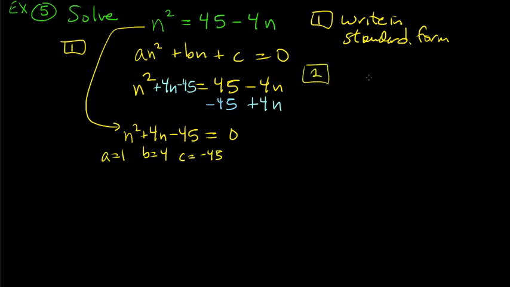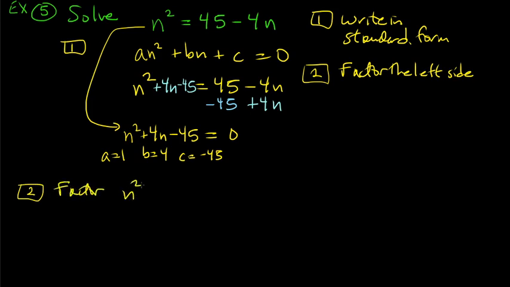Step 2, factor the left side. The left side of the equation is just n squared plus 4n minus 45. So I'll write that down here. We want to factor n squared plus 4n minus 45. We'll come back to the equal 0 later.